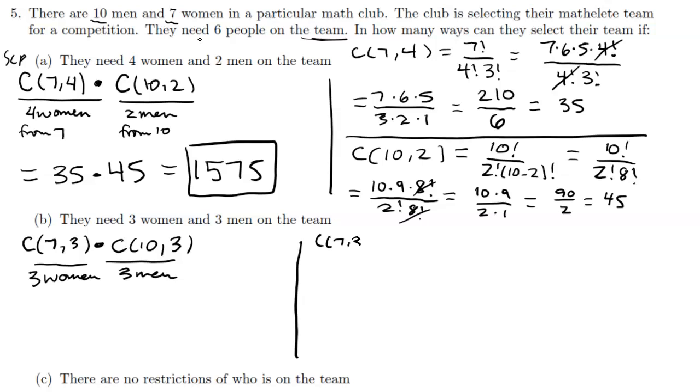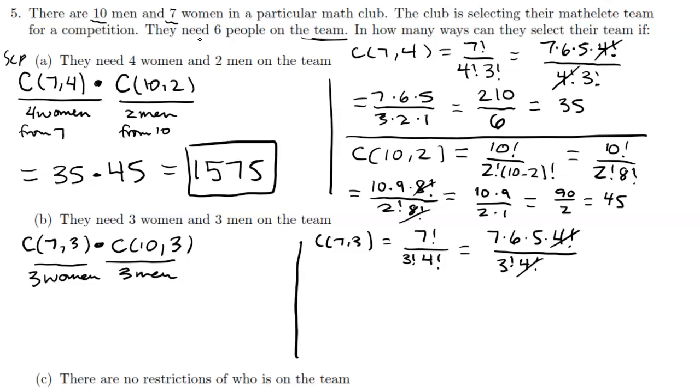So 7, picking a group of 3, we're going to have 7 factorial over 3 factorial, 7 minus 3 is 4 factorial. So then we're going to end up with 7 times 6 times 5 times 4 factorial, all over 3 factorial times 4 factorial.